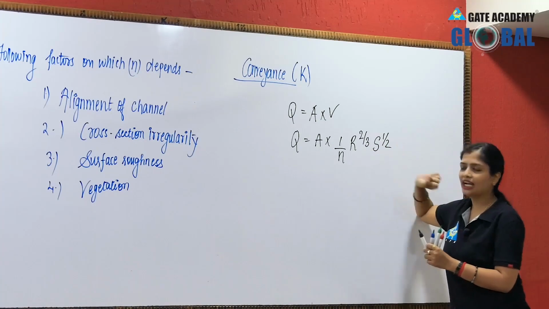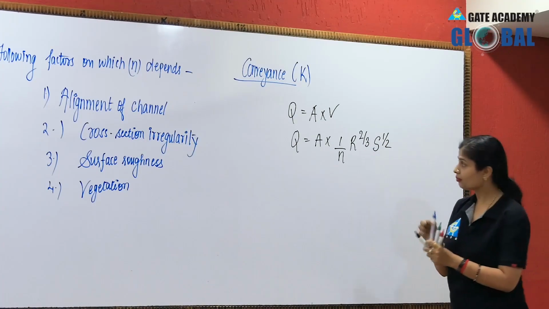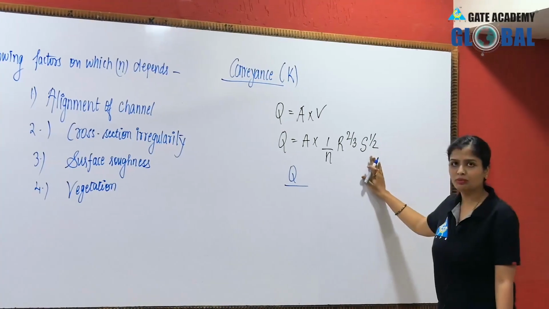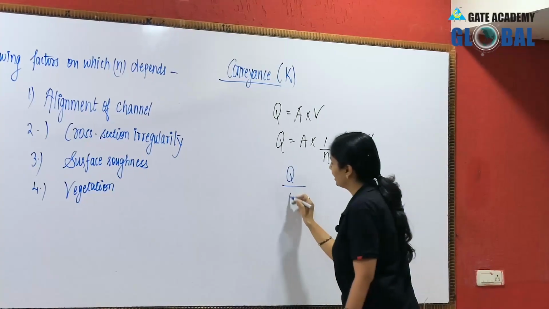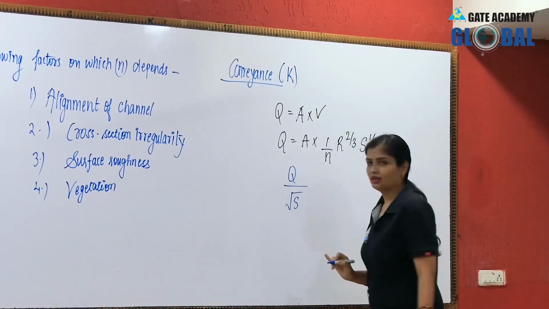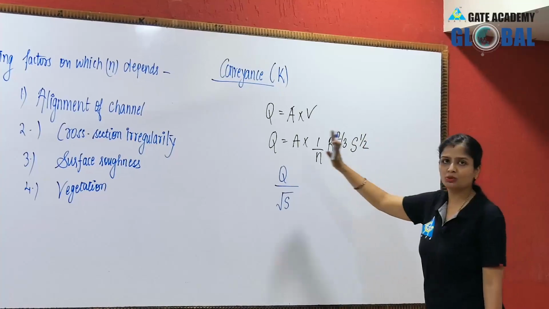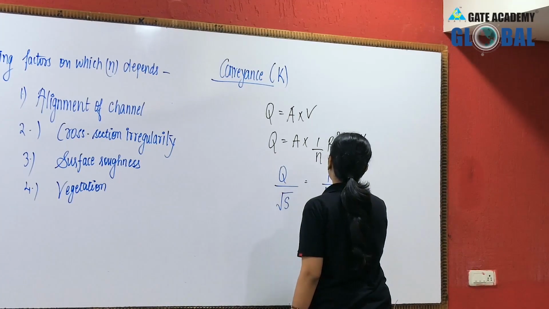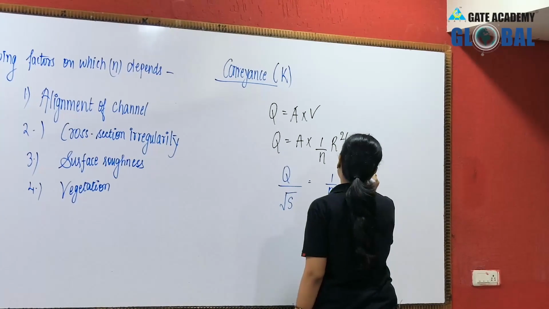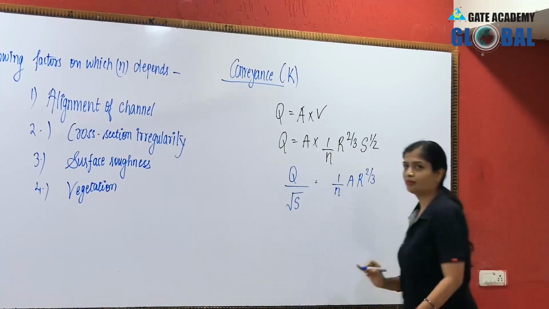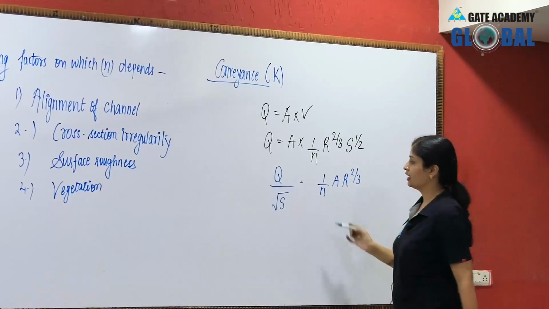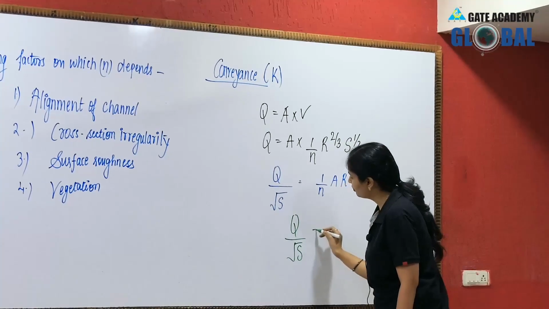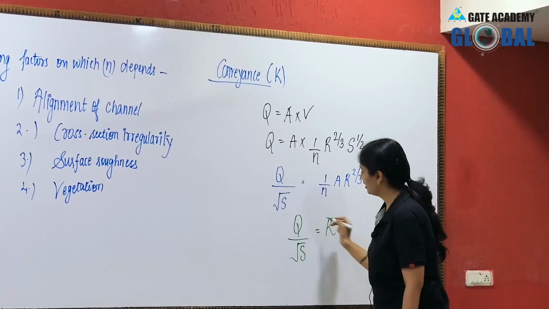In place of velocity, I have written Manning's formula. Now this slope, I will put it here. Which was in multiplication, I transposed it and it came into division. What I got here is 1 by n a r to the power 2 by 3. So this Q by root s is equal to K, your conveyance.